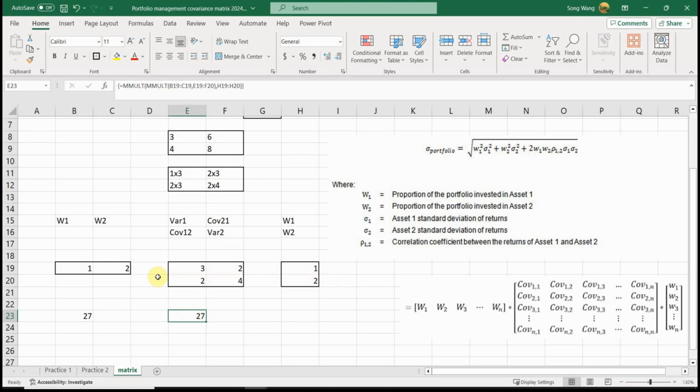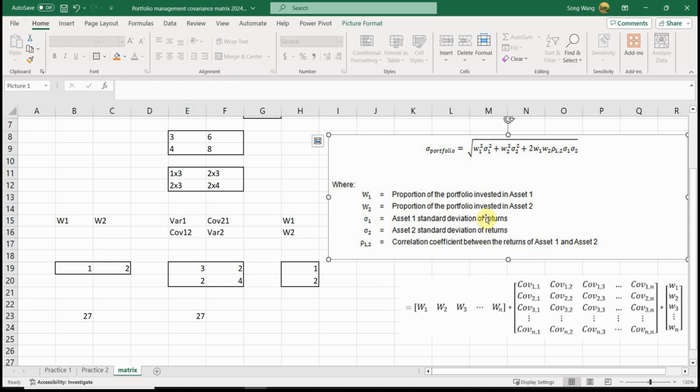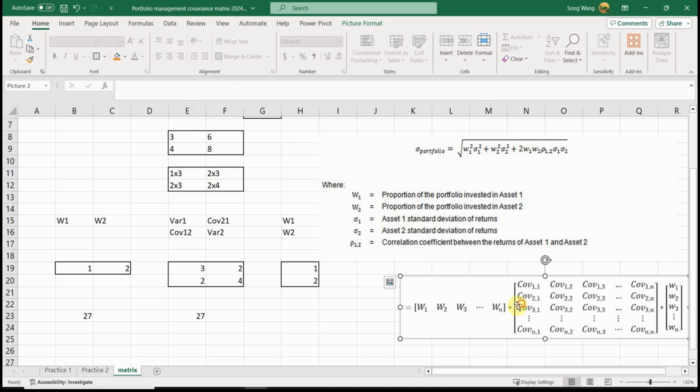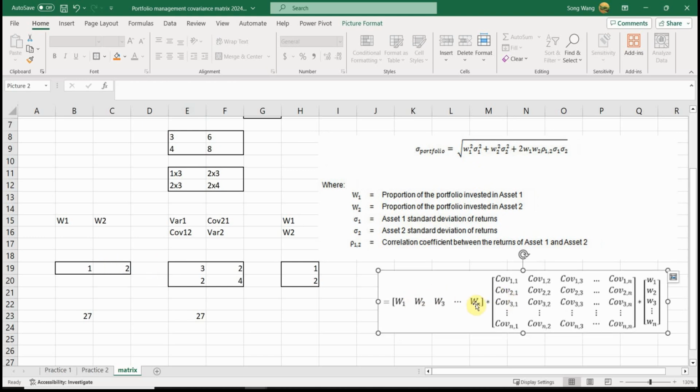Why do I bother to create the row and column and the matrix here? Because in reality, you would face a more complicated situation than this one. Here you only have 3 stocks. In reality, you will have n stocks. N could be 30, could be 40, could be 50.